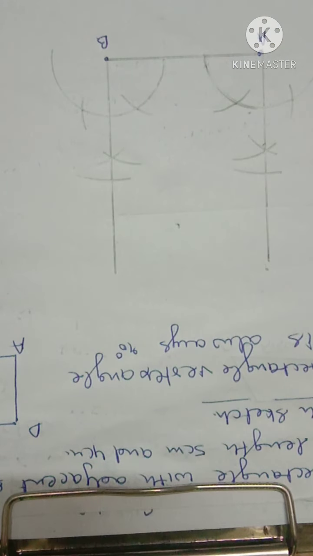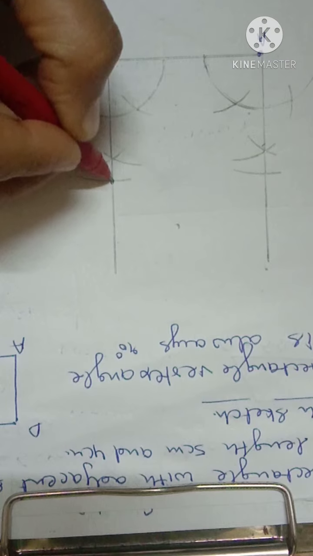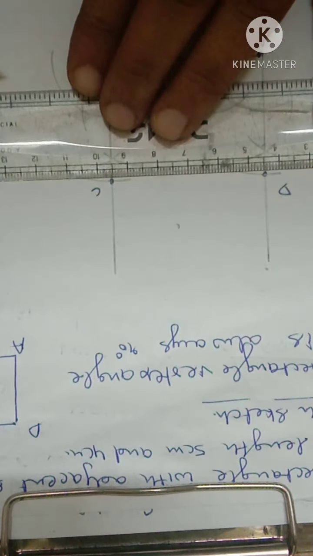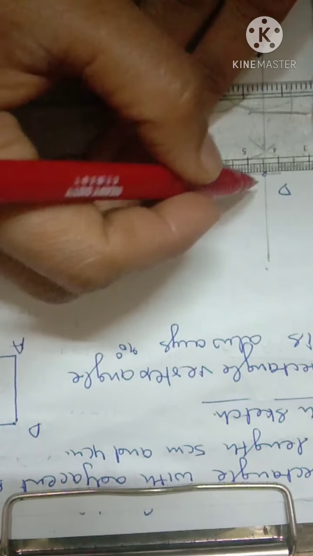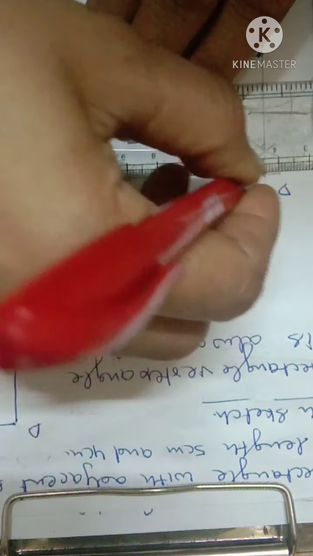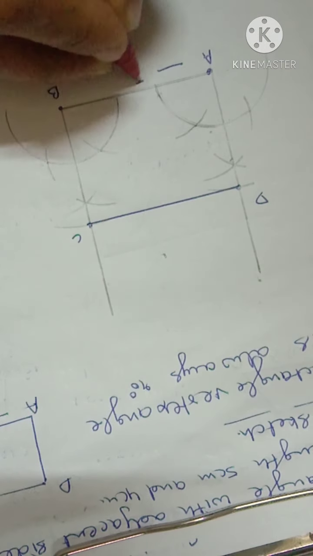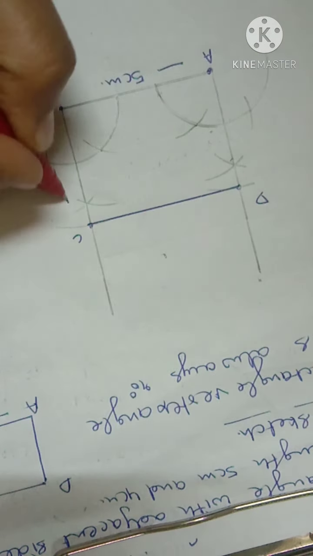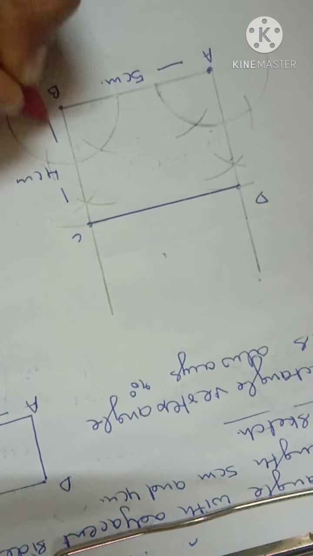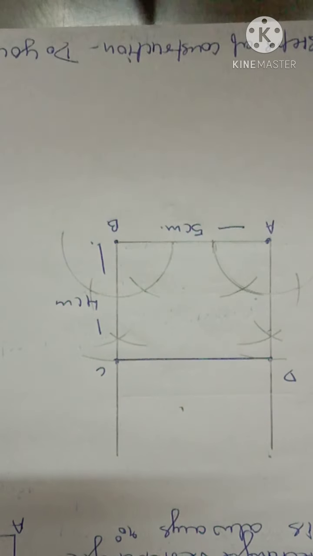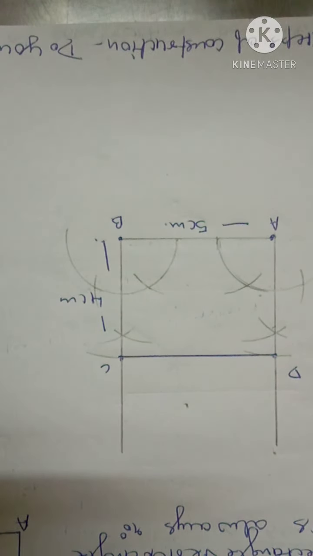They both intersect, giving the names C and D. Then I will join them with the help of a pencil. Clear? Now label it 5 centimeter, 4 centimeter. You get the rectangle ABCD. The steps of construction you will write on your own. Clear?